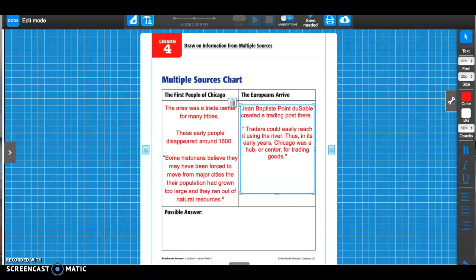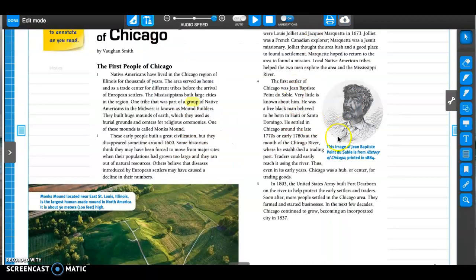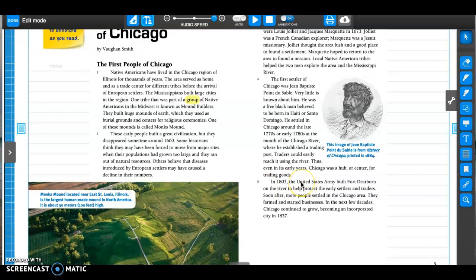And one more detail I'm going to include from here is that in 1803, the United States Army built Fort Dearborn on the river to help protect the early settlers and traders. We need to include that soon after, more people settled in the Chicago area and they farmed and started businesses. So all of these things contributed to how Chicago became so popular.